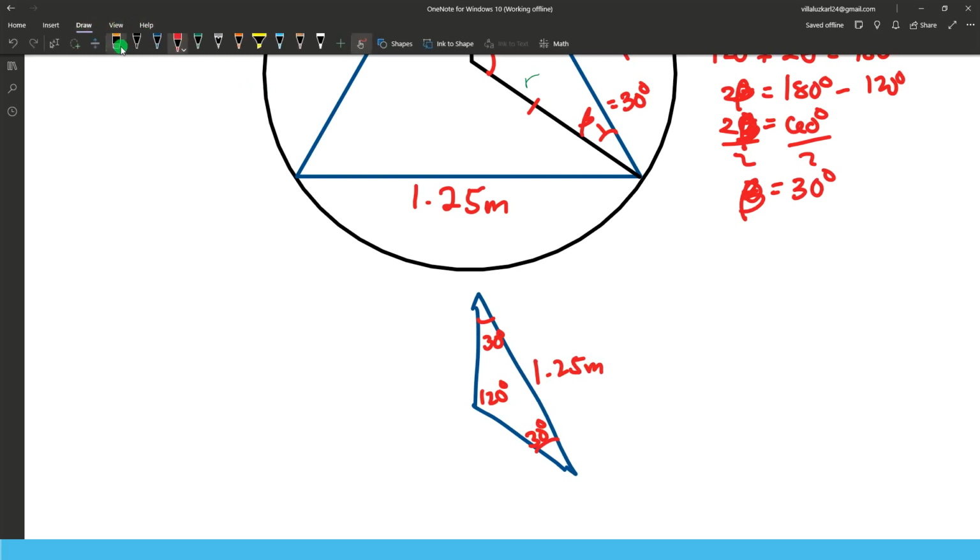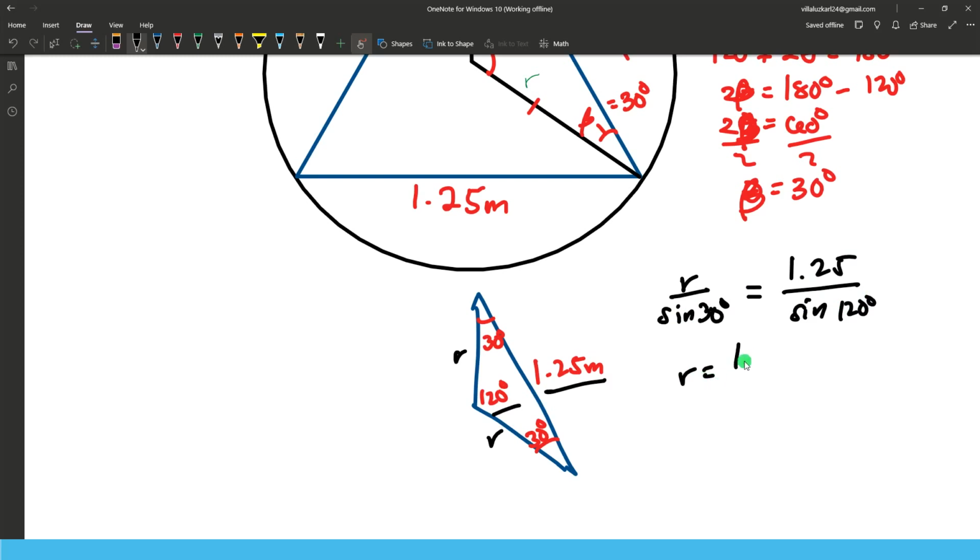So we can use the sine law in computing the radius here. We take the ratio of the side with respect to the sine of the opposite angle. So r divided by sine of the opposite angle of r, which is beta or 30 degrees, is equivalent to this side 1.25 over sine of the opposite angle, 120 degrees.